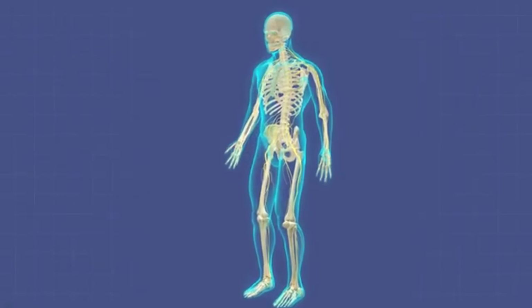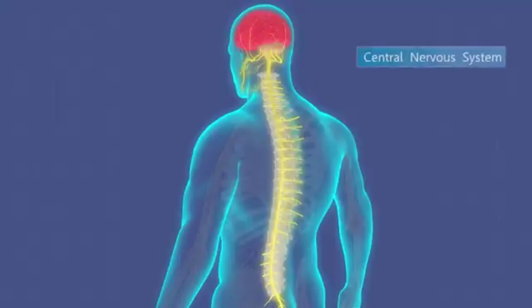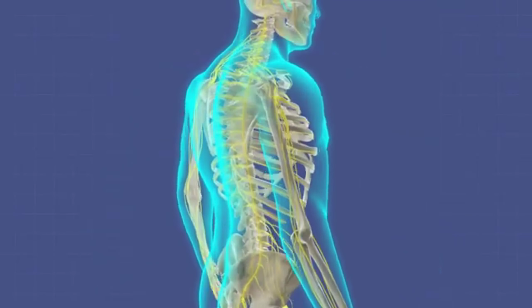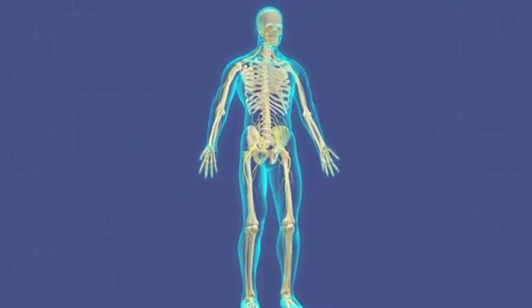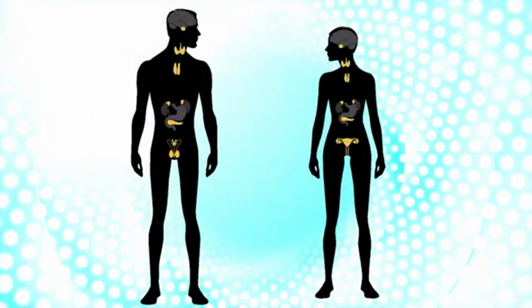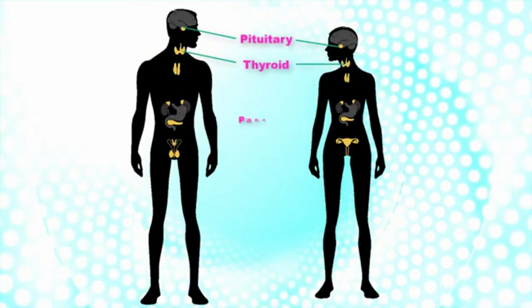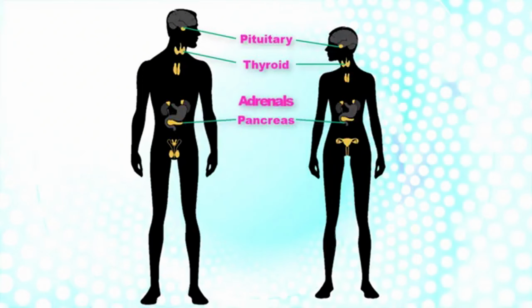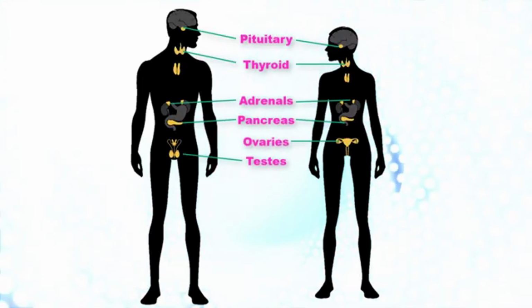The nervous system includes the brain, the spinal cord, and the peripheral nerves. The nervous system functions to detect and process sensory information and to activate the body's responses. The endocrine system includes the pituitary gland, the thyroid gland, the pancreas, the adrenal glands, and the testes in men or ovaries in women.